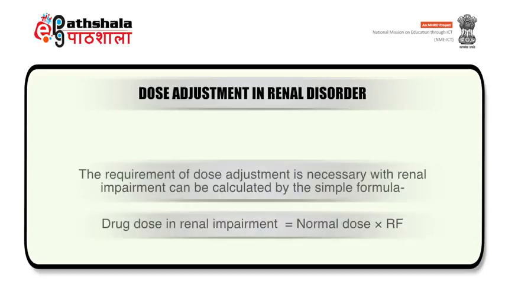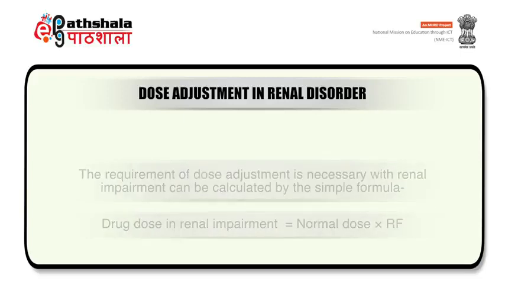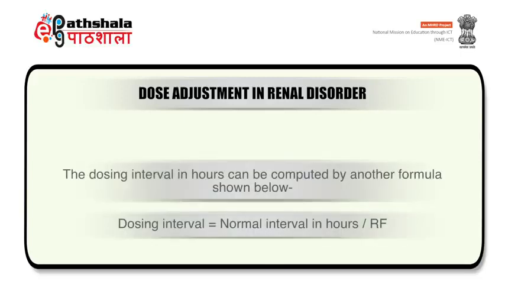The requirement of dose adjustment is necessary with renal impairment, and it can be calculated by the simple formula in which drug dose in renal impairment is equal to normal dose multiplied by renal function. The dosing interval in hours can be computed by another formula in which dosing interval is equal to normal interval in hours divided by renal function.